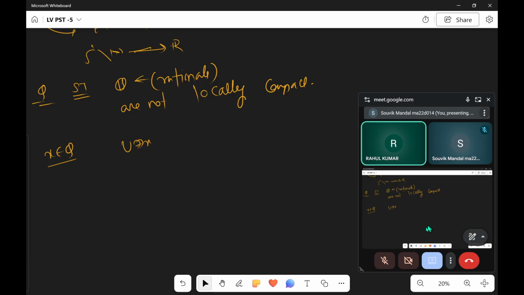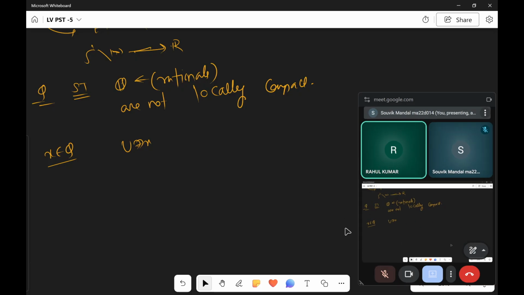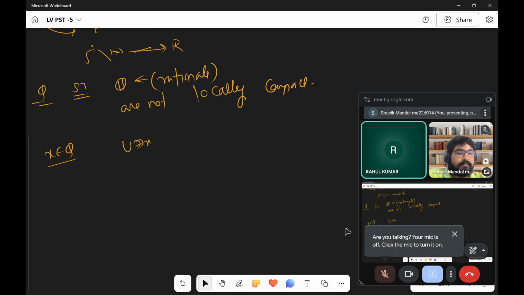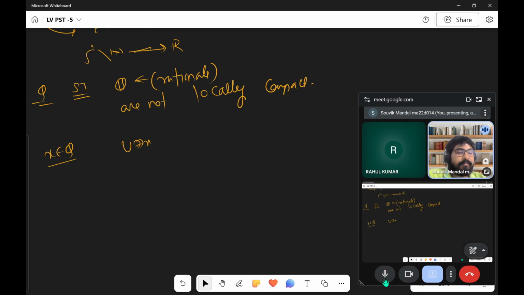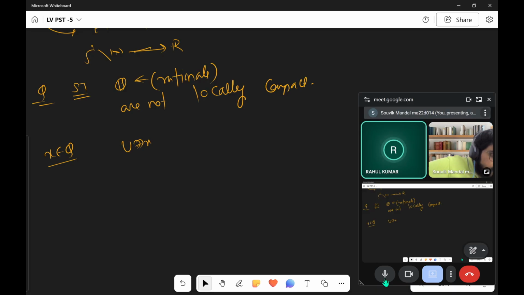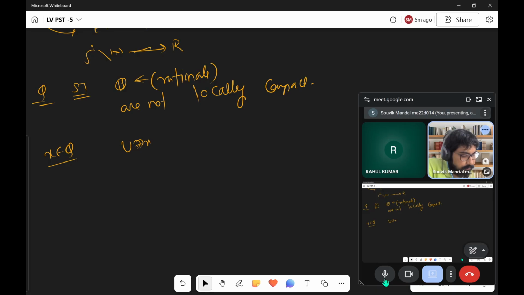Sir, yes, please tell me. Every neighborhood of x in Q is not contained in the singleton {x}, which is compact only.